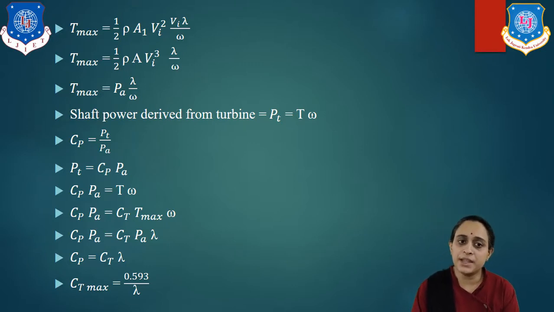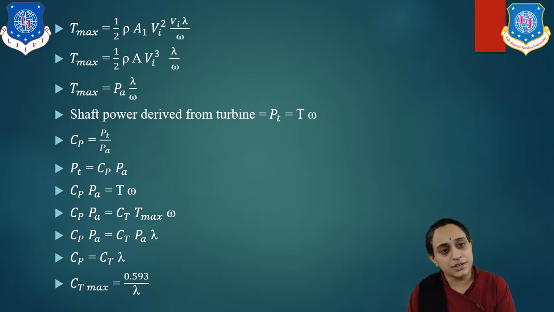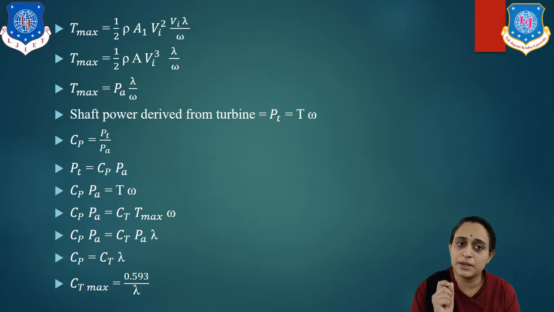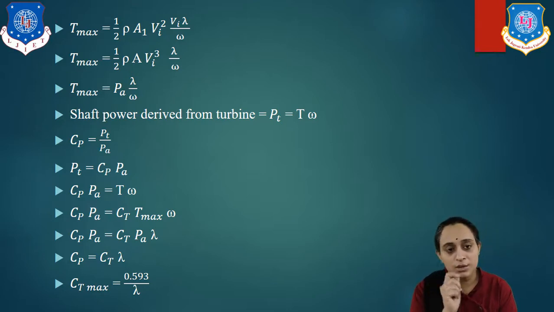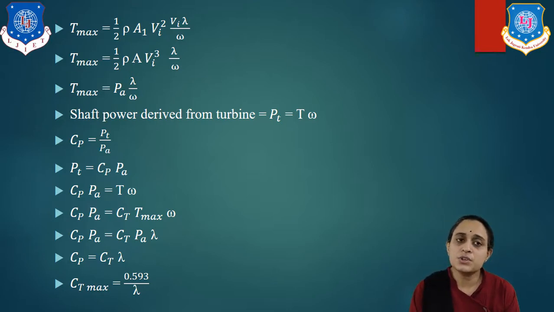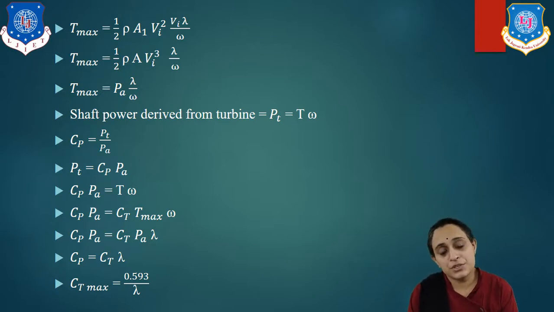We can write PA lambda by omega. So what is PA? It is power in the wind. Here you have to remember this equation, the PA equation. Now what is total power? It is T into omega. What is power coefficient? Cp is equal to Pt by Pa.